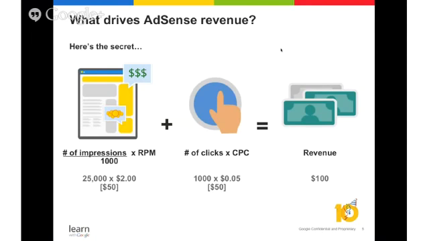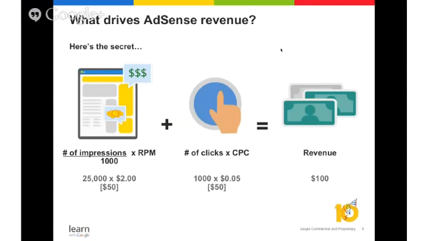To calculate your revenue there, you do the number of impressions. So let's say I have a blog and I'm getting about 25,000 impressions per day. I would want to divide that by 1,000, which would give me 25, and multiply it by the average CPM that I'm getting across those impressions. And that's $2. So I would get $50 from my impression-based revenue. So again, thinking about users seeing ads.